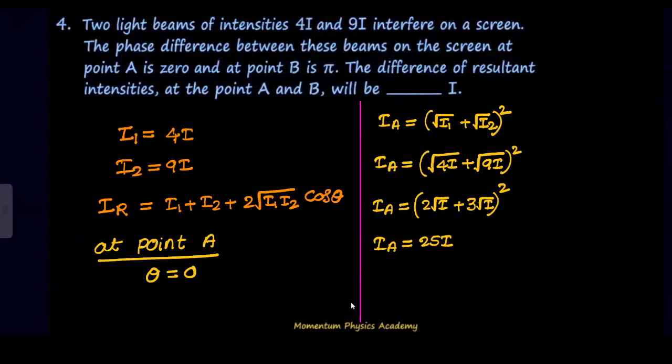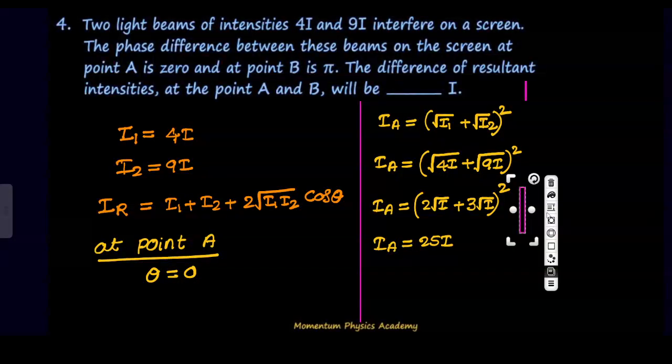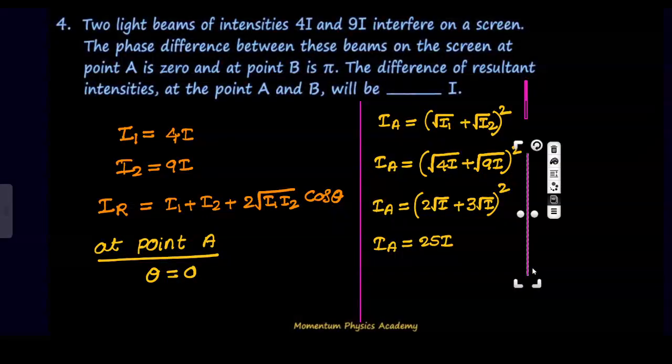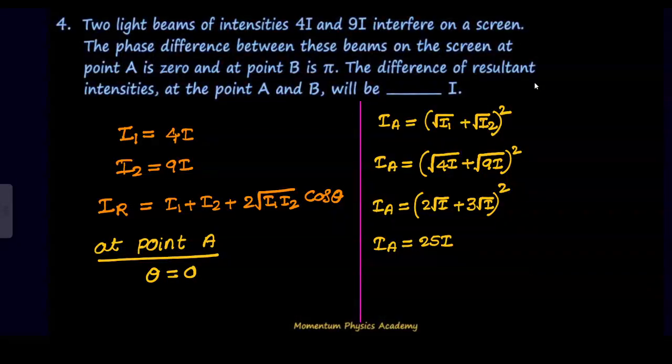Now at point B, the phase difference is pi, which means 180 degrees.